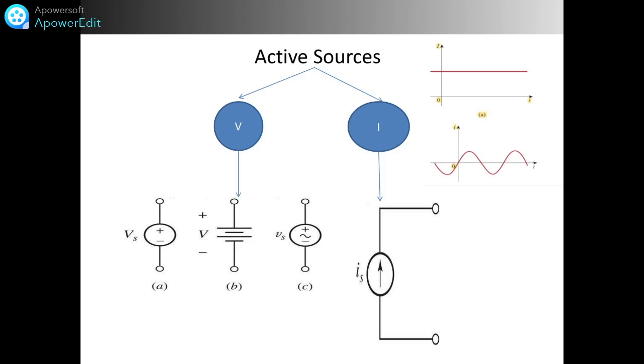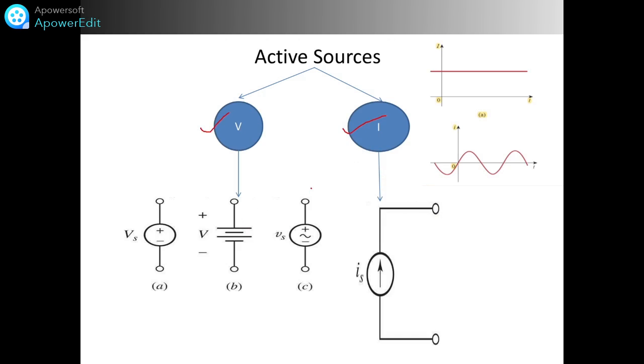In the previous slide we saw how they are classified depending upon their deliverability of energy. So active sources: what are the active sources? There are two further classifications, voltage sources and current sources. These are the voltage sources, these are the current sources.